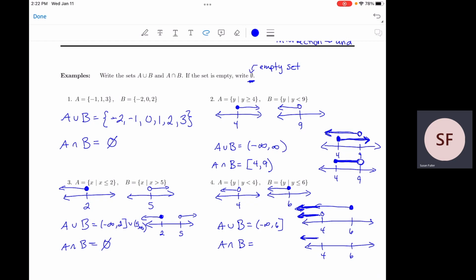Now the question is, is 4 going to be included in the intersection? Is it included in both? And the answer is no, because it's not included here in set A, which means it's not going to be included in the intersection. So the intersection of A and B is negative infinity to 4, and I'm not going to include 4, which is the same as the set A, which I think is interesting.